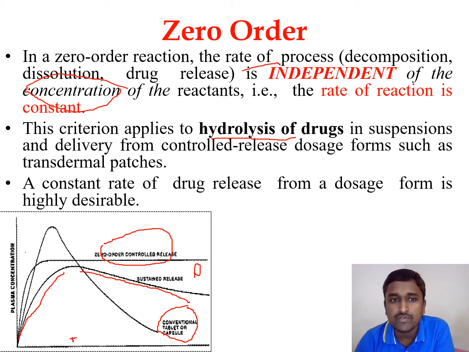Whereas in the case of the control release curve, the concentration is completely independent of whatever paracetamol is available in the stomach. It maintains the same rate from beginning to end throughout the course of absorption. So this kind of process, which does not depend on the concentration of the drug or the chemical, is called zero order kinetics or control release kinetics.